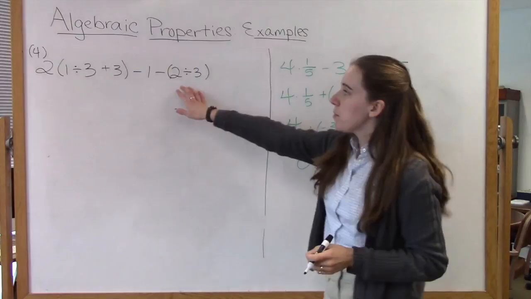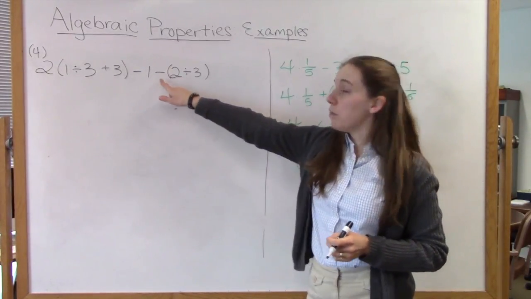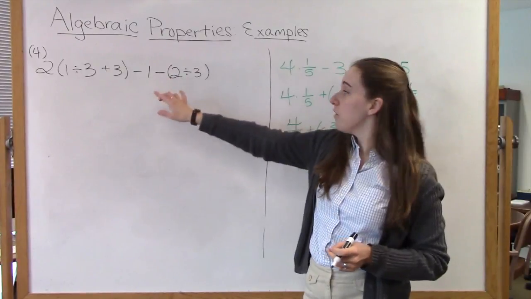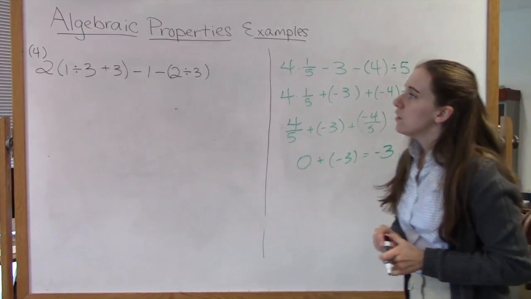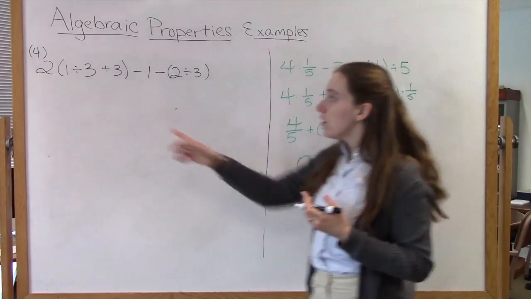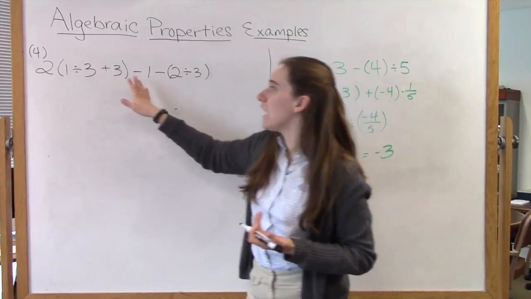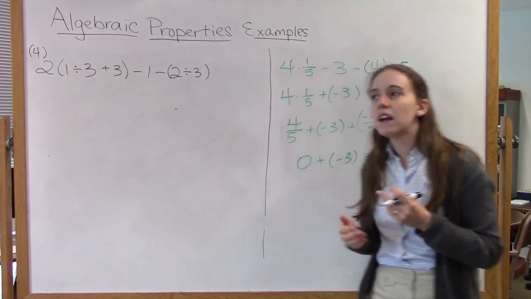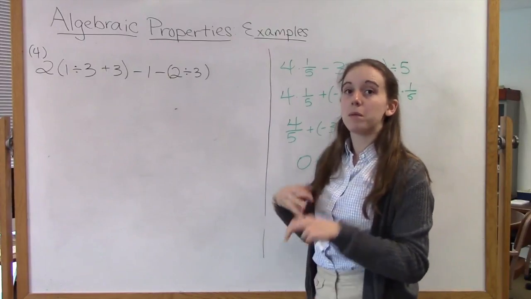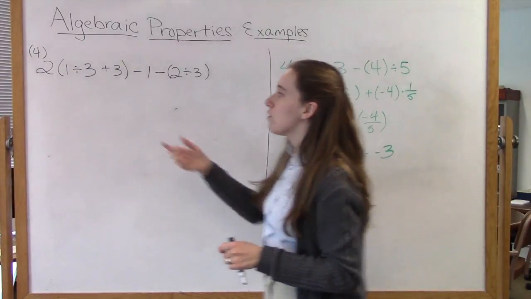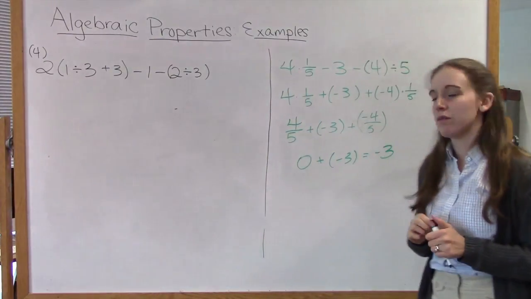Now by order of operations, I would know that I have to divide 2 divided by 3 before I deal with that negative, but I put parentheses in just so it's clear. So again, it looks like I'm going to have some sort of distribution here, but I still have division, I still have subtraction. So it's not clear how the associative property and the commutative property are going to play out.